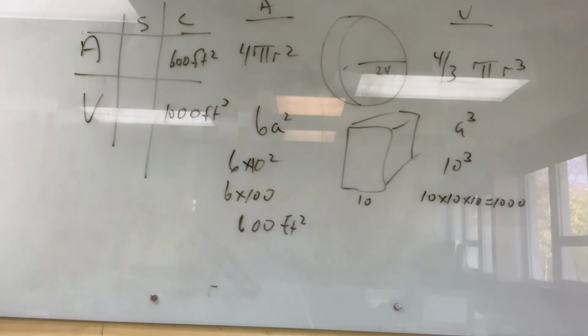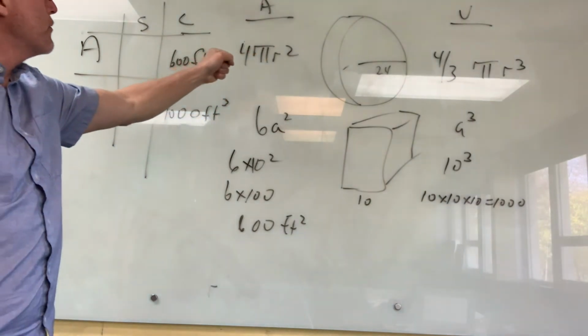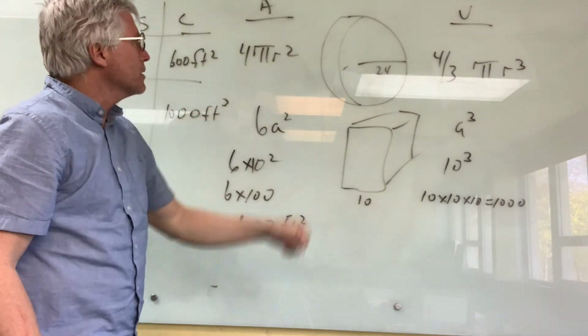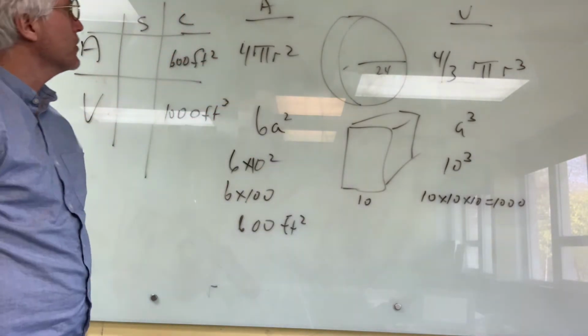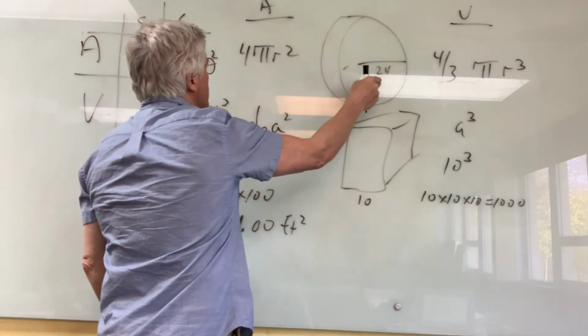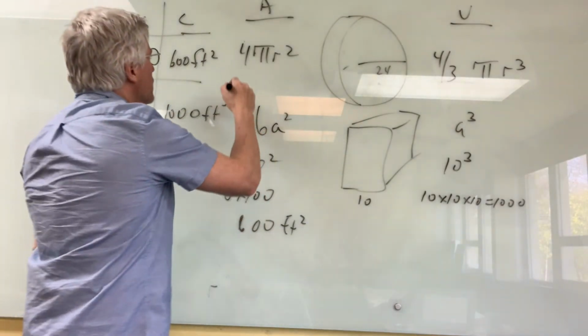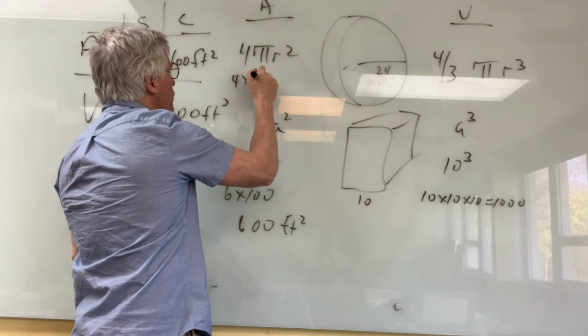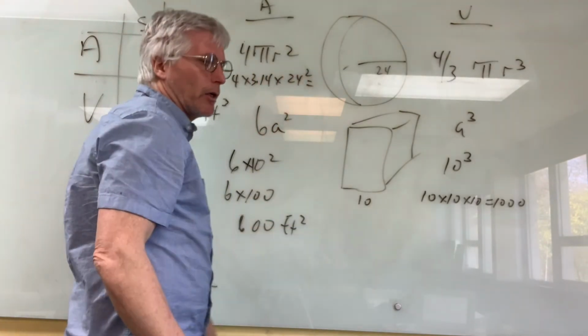All right. The last one here then is the sphere. Again, it's just following the formula 4 pi r squared, which would give you the area, which would be, again, painting the outside of the sphere. So in this case, the radius is 24. So doing the math, 4 times 3.14 times 24 squared will give you that answer.